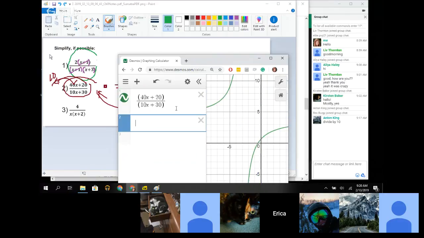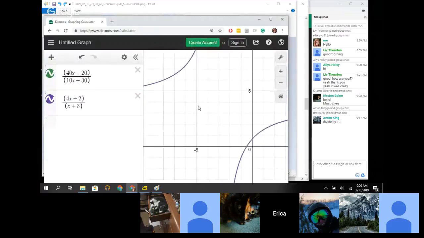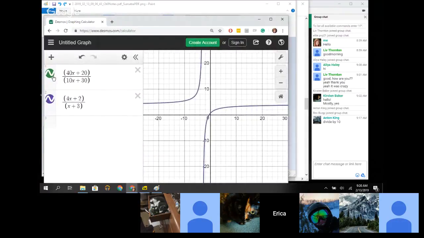That should be the same as 4x plus 2 divided by x plus 3. So if you do your simplification right, your two expressions should be equivalent when you graph them.